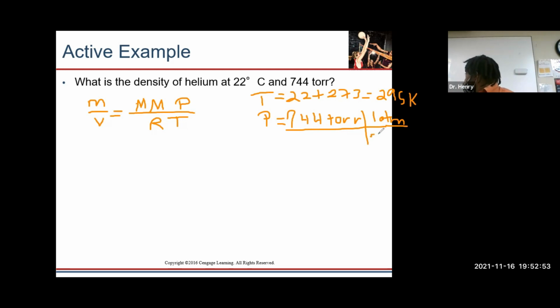That's right, 760. 760 torrs equals one ATM. The torrs cancel out, and we're left with just ATMs, which is 0.978 ATM.